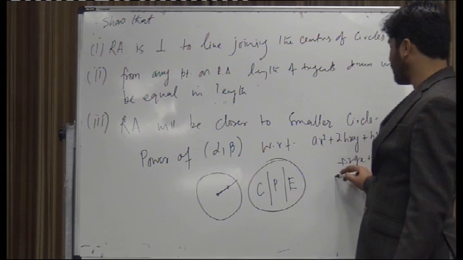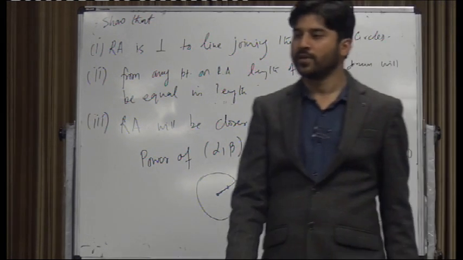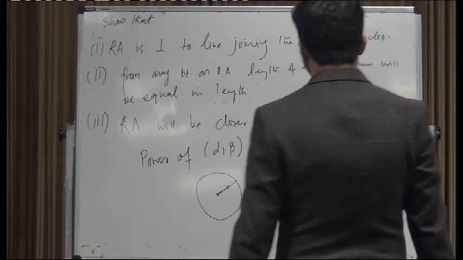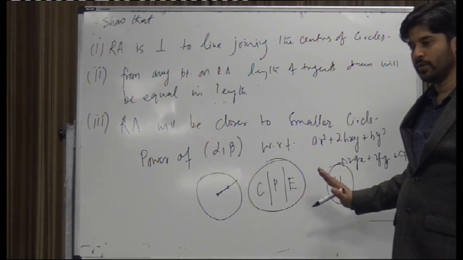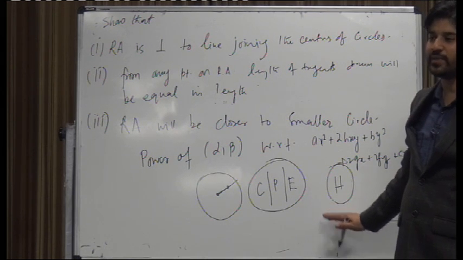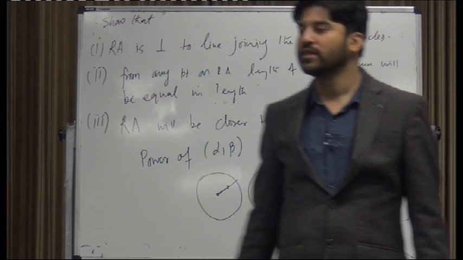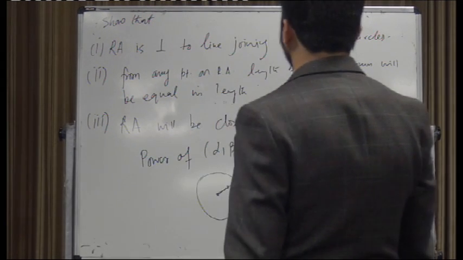In case of hyperbola it is opposite. We'll see why in later classes. If you put the point inside hyperbola, if it turns out to be negative, it means it is outside, and if it turns out to be positive, it means it is inside. Okay, and when 0, of course you know that it is a point on the curve.